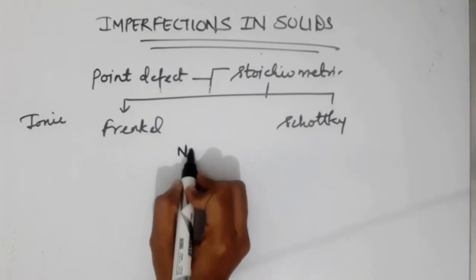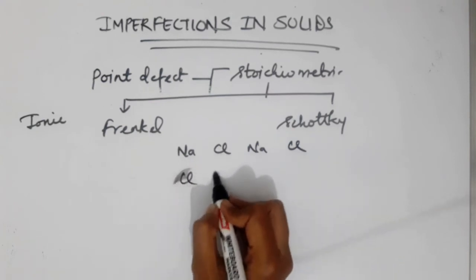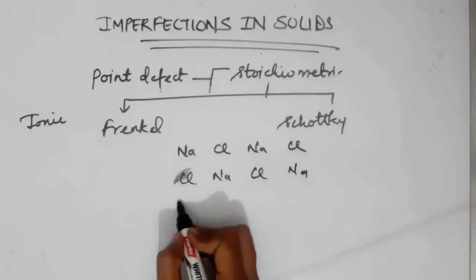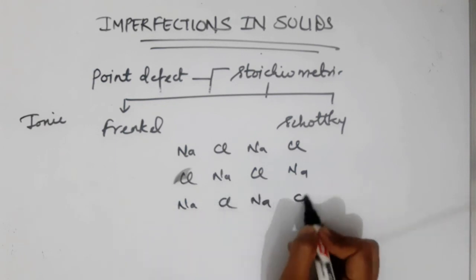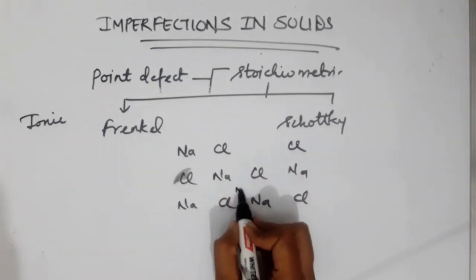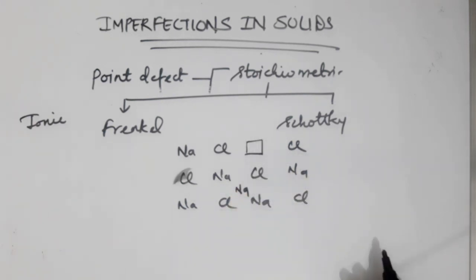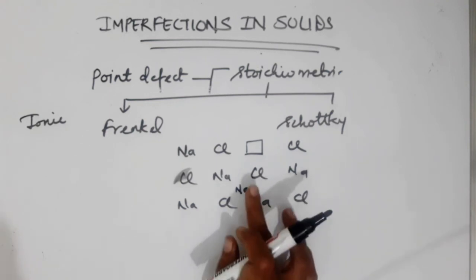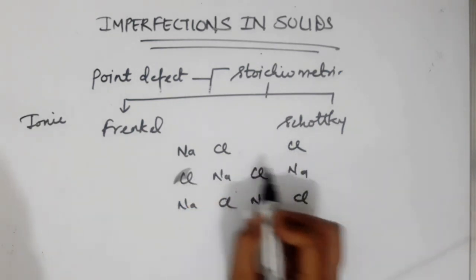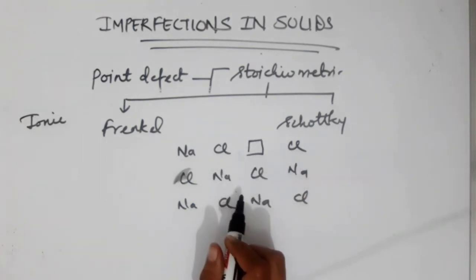So you have an arrangement of Na and Cl. If one of the atoms leaves its site and occupies interstitial space, then it is known as Frenkel defect.